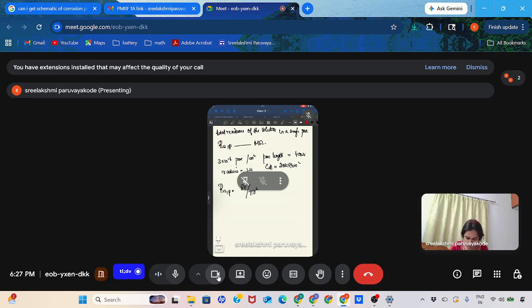So the formula becomes 15 ohm centimeter, times 400 into 10 to the power minus 4 centimeter, divided by r square. Writing r separately, this is 1 r, this is 2 r. Now if you solve it, you will find the answer.